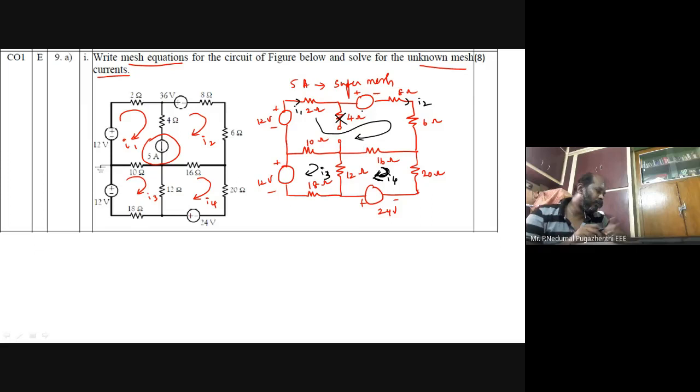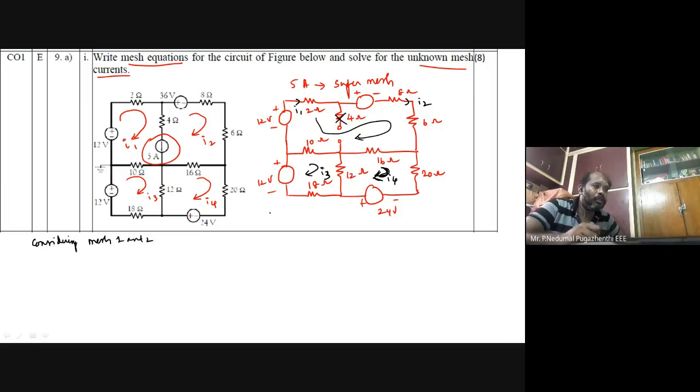If you are able to write these equations, let us say I have a set of equations with me. I will write that, considering this complete mesh 1 and 2.